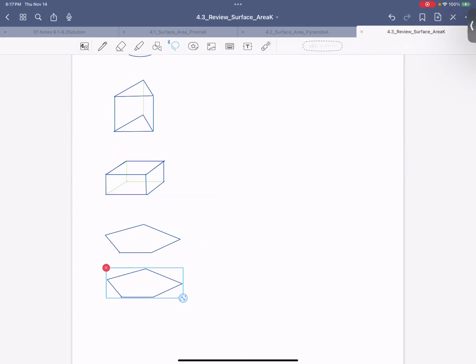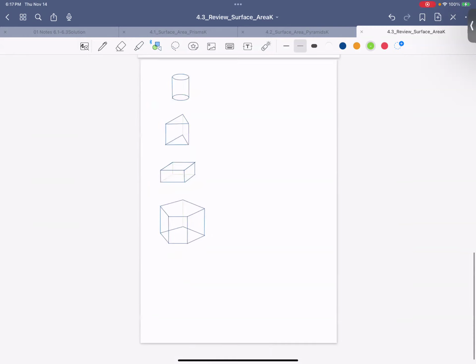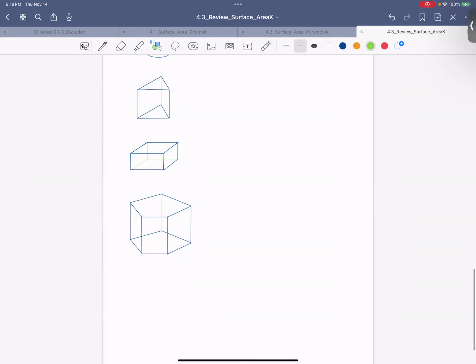All of you need to show me your work, okay, before you leave today. Next one is a hexagonal prism.